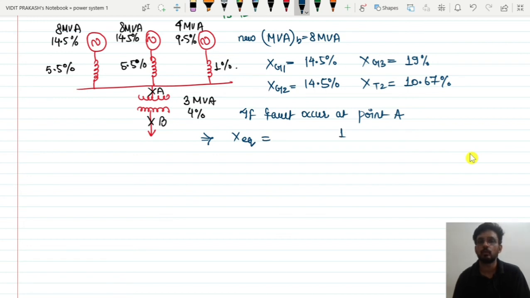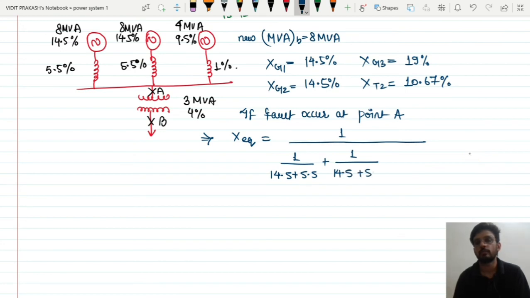That will be 1 divided by, since all the generators are connected in parallel, 1 by (14.5 plus 5.5) plus 1 by (14.5 plus 5.5) plus 1 by (19 plus 1), right?